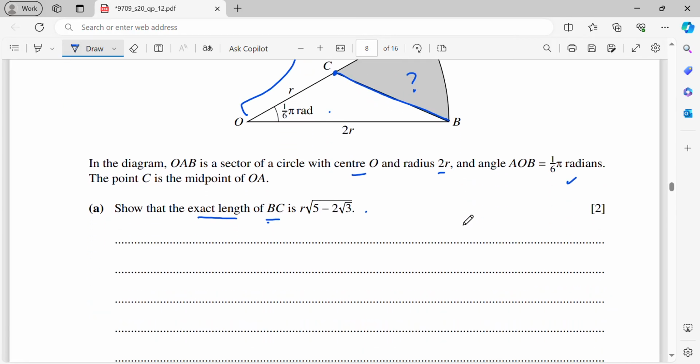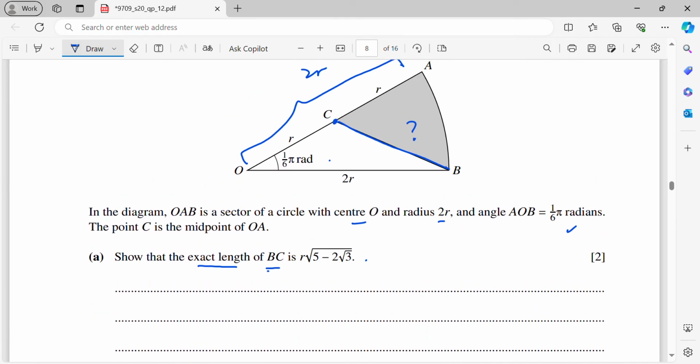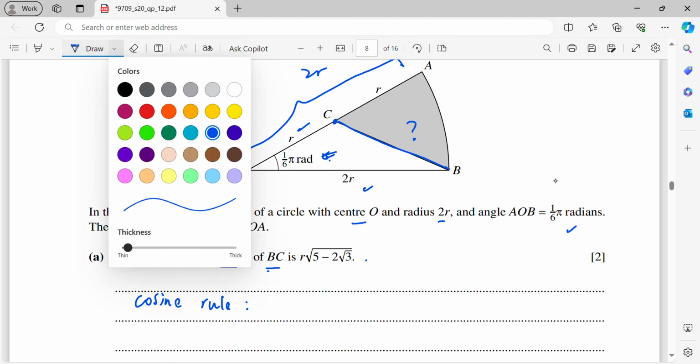Now, from here, I can just use the cosine rule, right? Because we have 2 sides and 1 angle. So you can just use cosine rule. So cosine rule is basically like this.